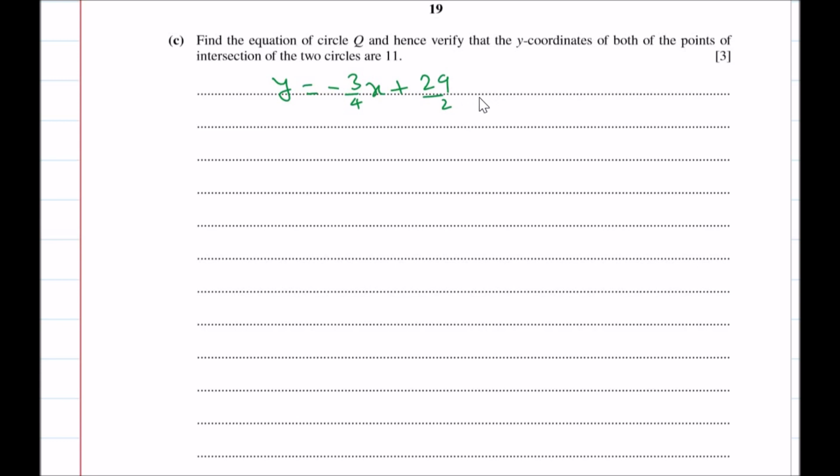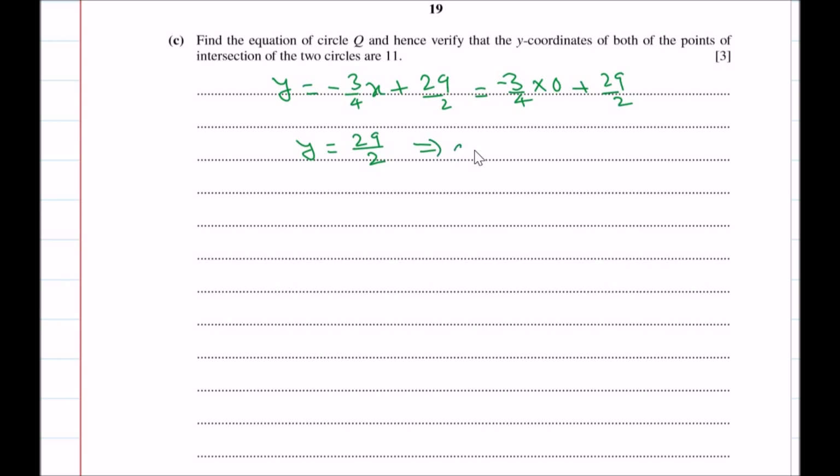Now if you are substituting x equal to 0, plus 29 by 2, so y equal to 29 by 2. What does it mean?